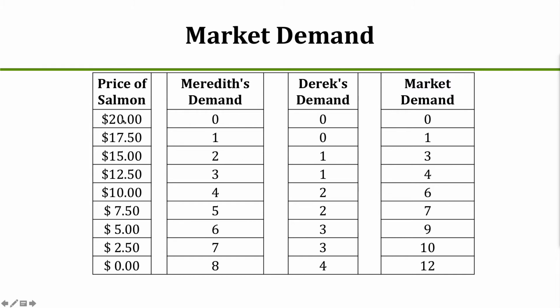for each given price. For $20, both of them are not consuming. For $17.5, Meredith is consuming 1, but Direk is not consuming. So basically, we are just summing these numbers and we get the market demand. So we have to use the first column for the price and the last column for the quantity demanded, for the market demand.